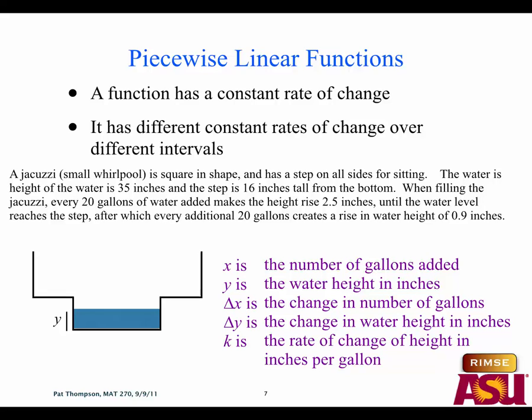What was different about this problem in terms of K? There's 2 of them, right? We've got a rate of change of height for adding water in the bottom part, and then suddenly we get to the step, and we're adding more water, and that rate of change of height is different. So this fits this idea of a piecewise linear function, okay?